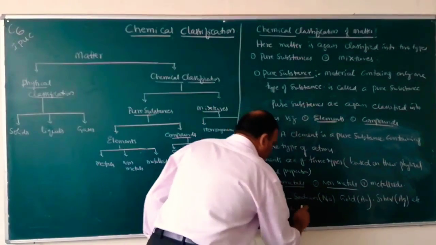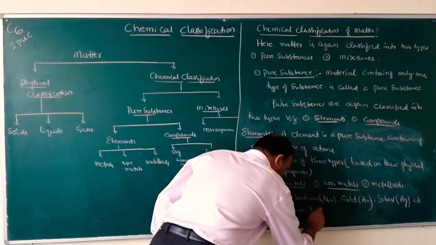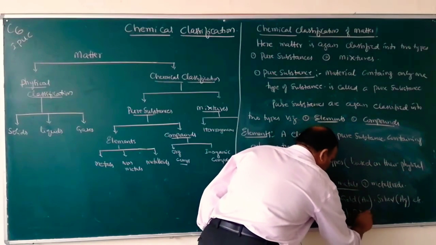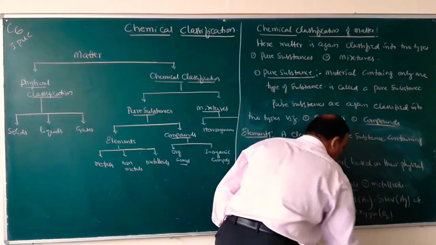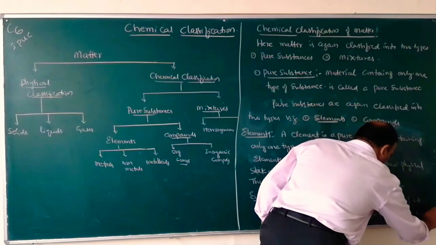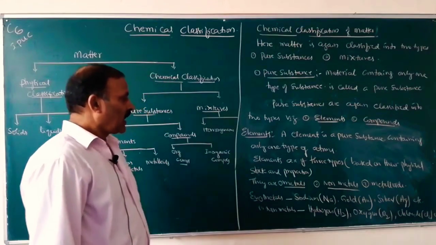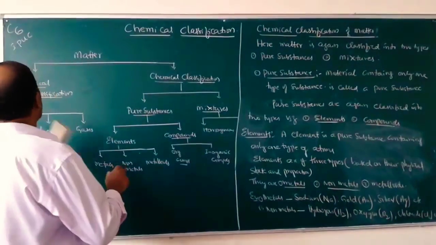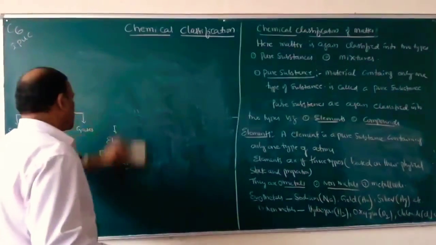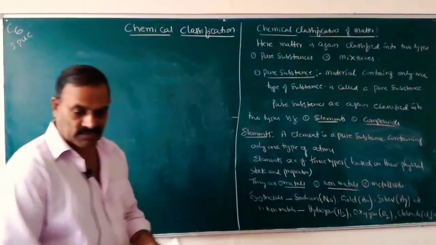Non-metals, example: hydrogen, its formula is H2; oxygen, its formula is O2; chlorine, its formula is Cl2, etc. And coming to metalloids. So all these things we will discuss in detail later on.